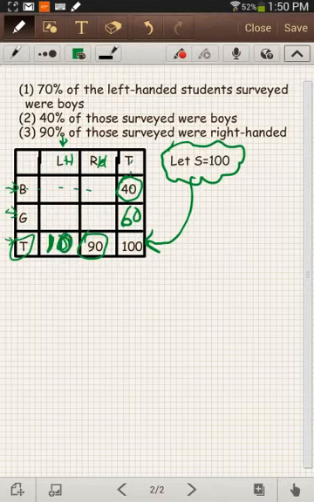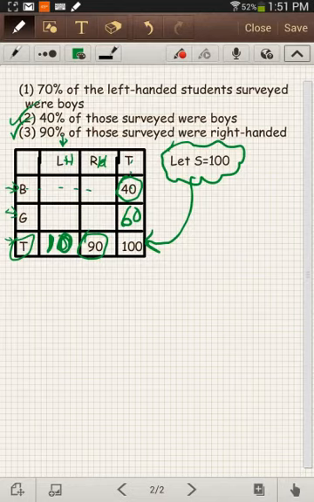The numbers have to add up horizontally and they have to add vertically to the total. 10 plus 90 is 100, 40 plus 60 is 100. Now we've actually used most of the information given. The 40% of those surveyed were boys, we've used that. The 90% of those surveyed right-handed, we've used that.